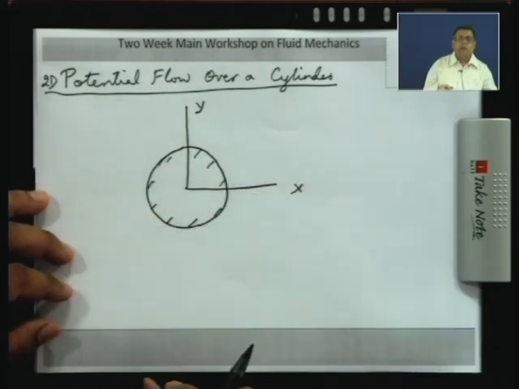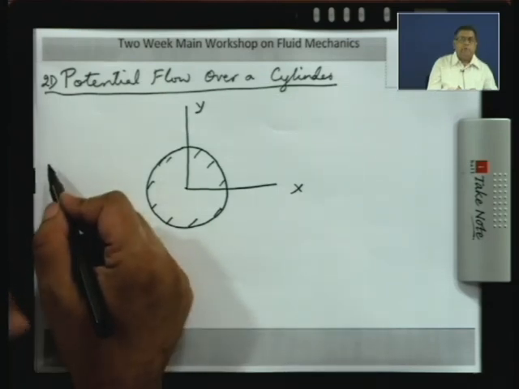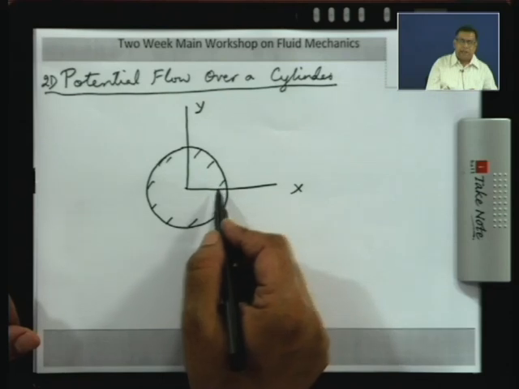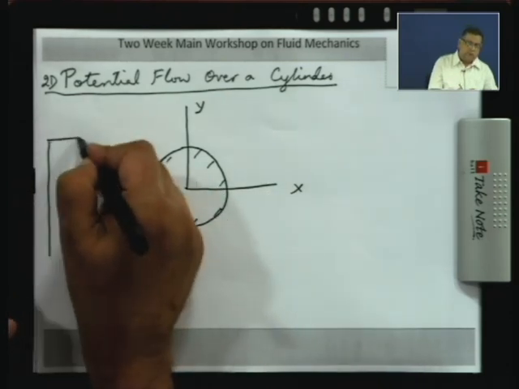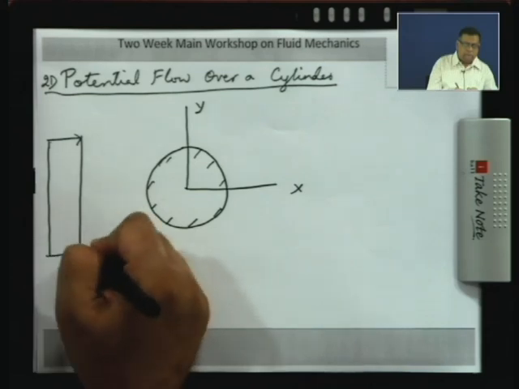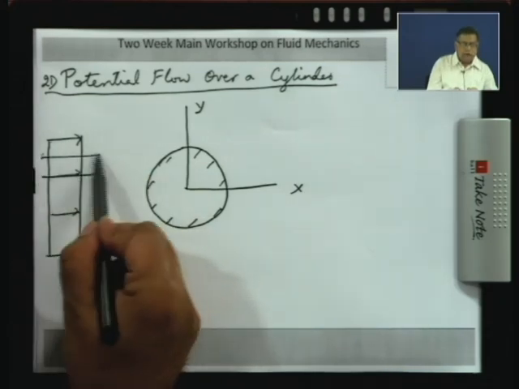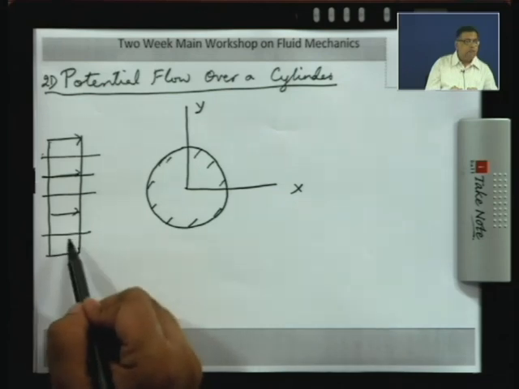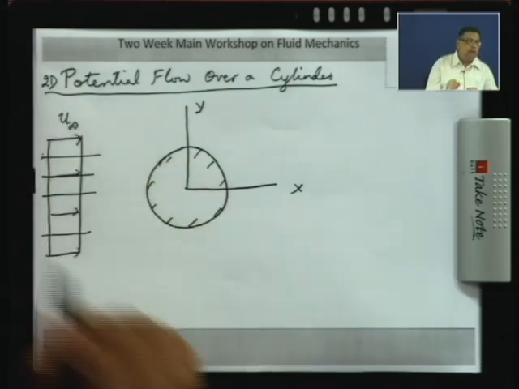So, you can take it to be a 2D body, and the upstream flow we will take to be a uniform flow, and we will choose a coordinate system where the x direction is in the flow direction. So, this is your upstream flow. If you look at the streamlines upstream, they are all parallel lines. So, v is 0 upstream and u is u infinity. So, u infinity is the speed of the flow.